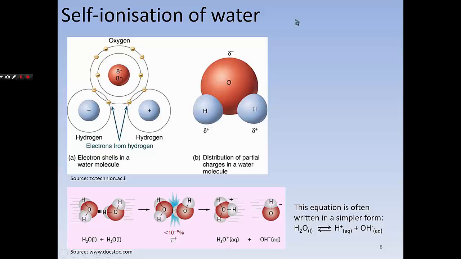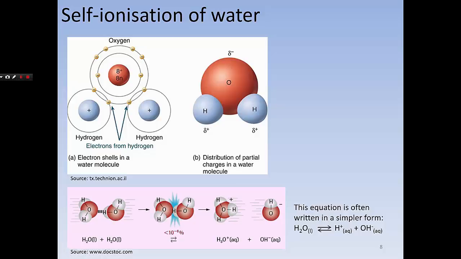Because of this, the oxygen end of the water molecule has a fractional negative charge, and the other end has a positive charge. Negative and positive charges attract each other, so different molecules are associated with each other through hydrogen bonding.